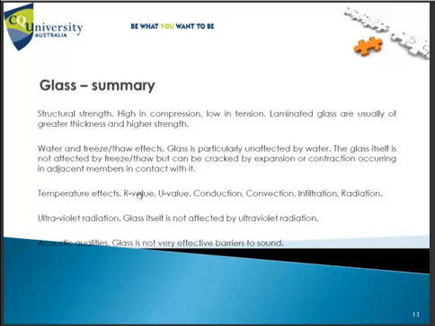You should also know the R value, U value, and the meanings of conduction, convection, infiltration, and radiation. Glass itself is not affected by ultraviolet radiation, and it is not a very effective barrier to sound.